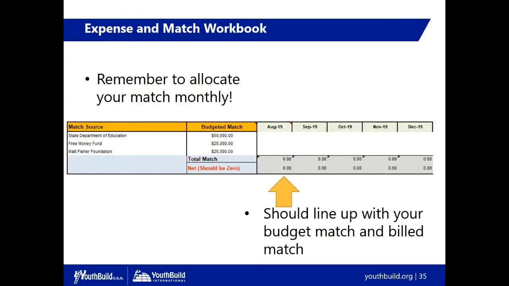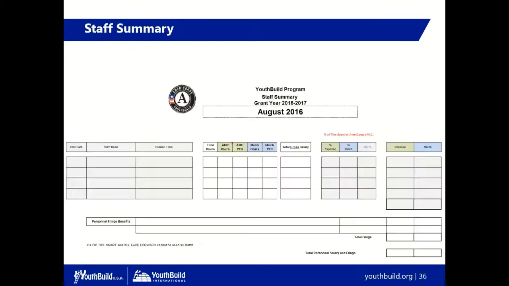That should line up with your budgeted match reasonably. You are allowed to go over, as you don't know exactly what you're going to spend month to month when the beginning of the grant year is happening. And it should line up one-to-one with your billed match, meaning that the net that you see there should be 0, as the document says. If it's not, we will ask you to report that match correctly, and it could cause hiccups in the process.